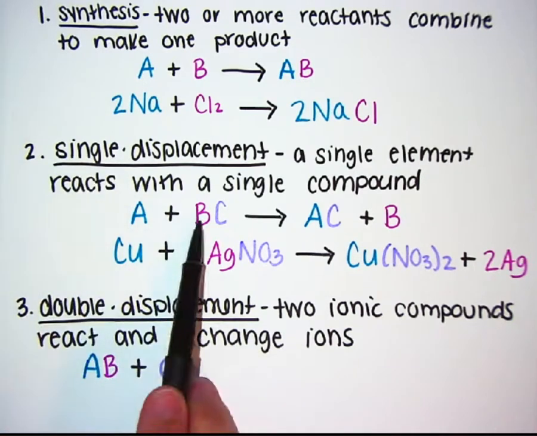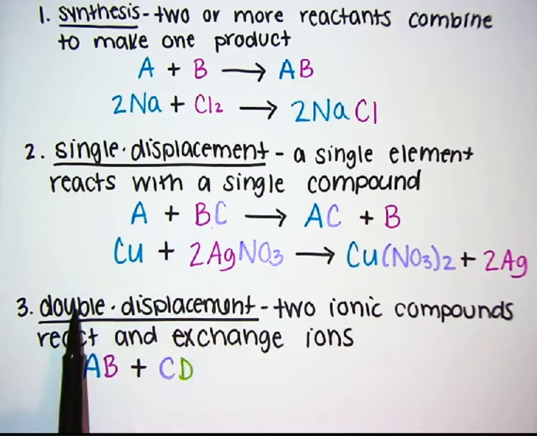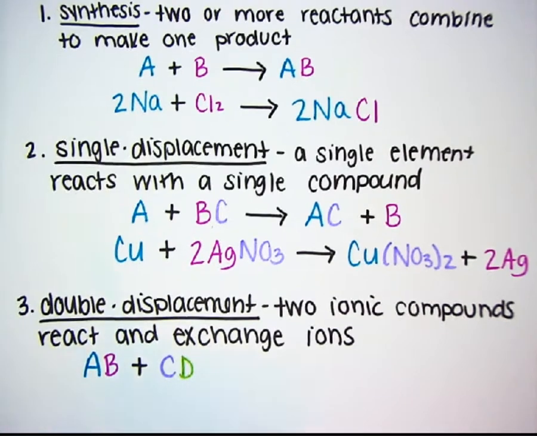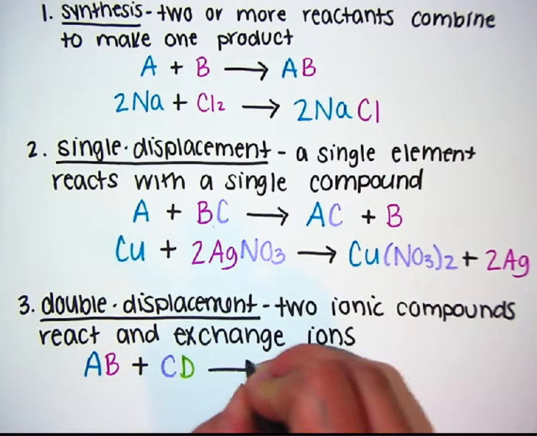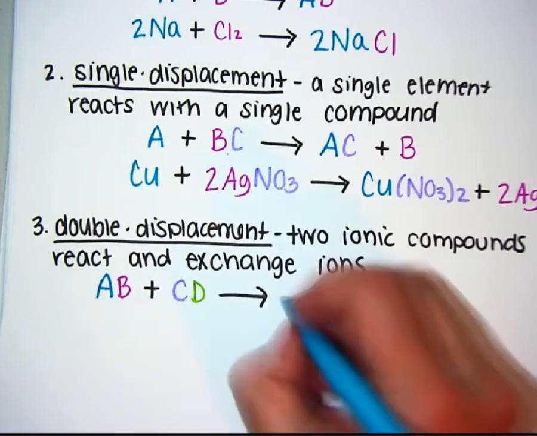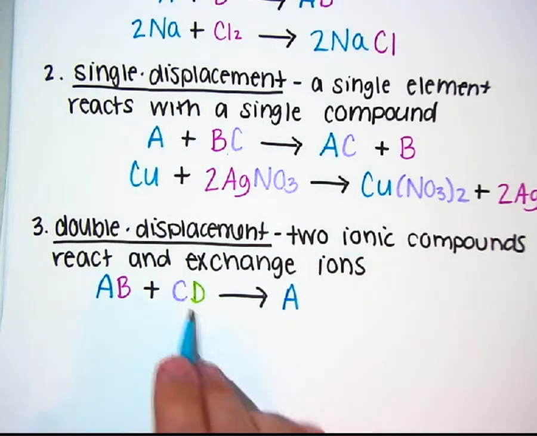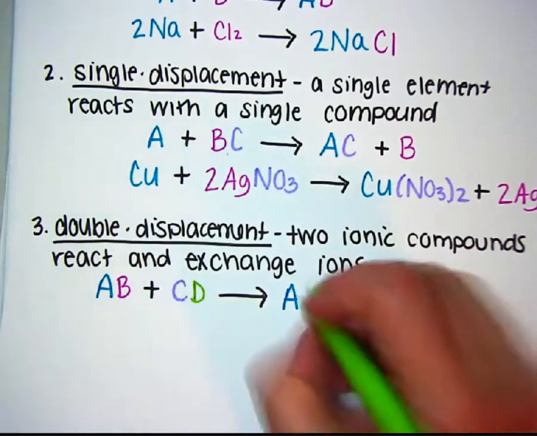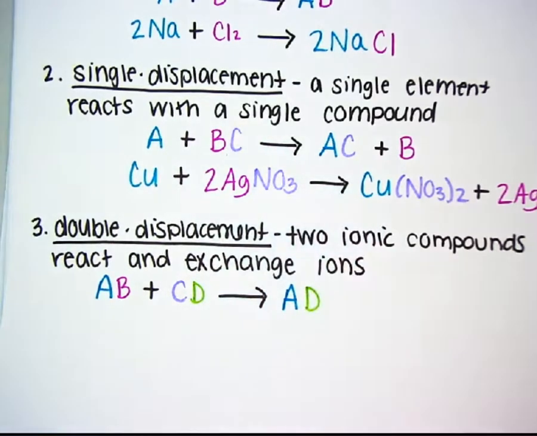Single displacement has one compound. Double displacement has two compounds. What happens in a double displacement reaction is they just exchange ions. So now A is going to bond to D, and C is going to pair up with B.